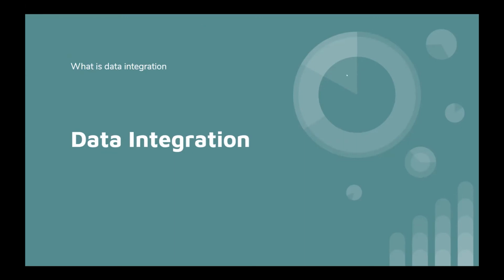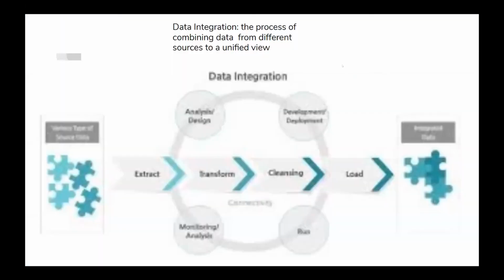Okay, so basically data integration is the process of combining data from different sources into a unified view. So basically what that means is we can take different data points from different sources into one single unified source, which is important, because when you combine the data, that'll tell you a lot more than the data separately.